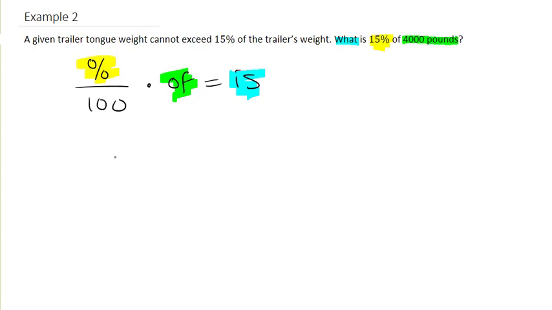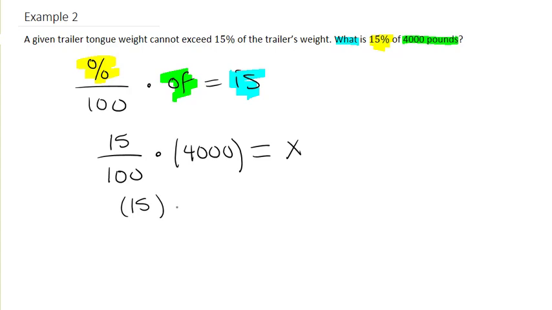So let's go ahead and plug this in. So we have 15 over 100 times 4,000 equals our variable x, which will be the weight it cannot exceed on the trailer tongue. So how we can do this is go 15 times 4,000 over 100.